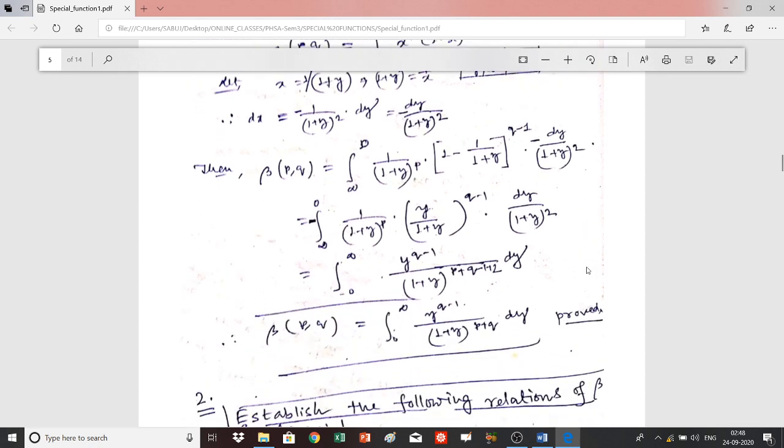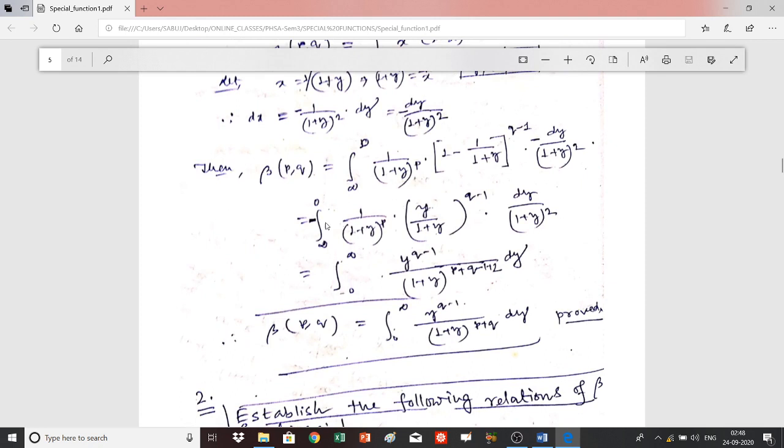So from this you can write, the negative sign is there, infinity to 0, and then (1 plus y) to the power p, and if you simplify, 1 plus y minus 1 by 1 plus y, that is y by 1 plus y, to the power q minus 1, dy by (1 plus y) whole square.